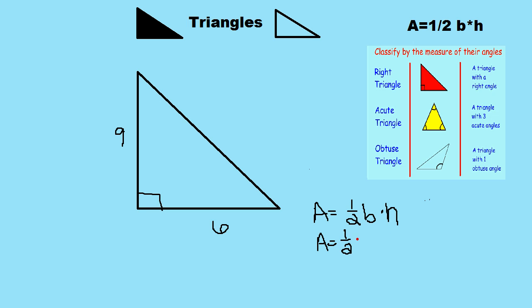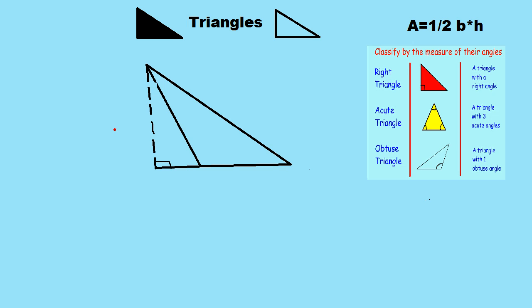So 1/2 times 6 times 9. Going to be equal to 1/2 times 54. So our area is going to be equal to 27 centimeters squared.